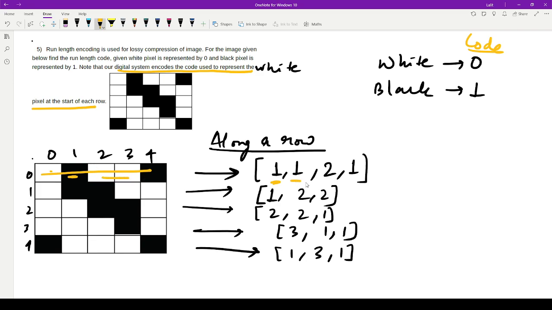Then there are two whites, we wrote two, and then there is one black, we wrote one. One white, which is this; one black, which is this; two whites, then this one black.